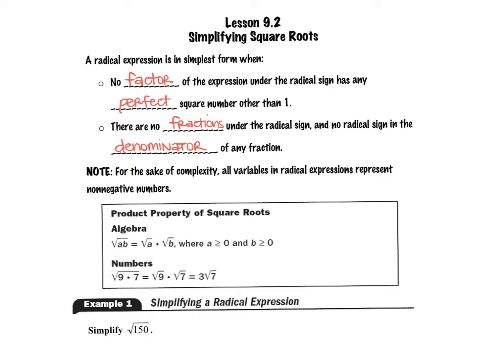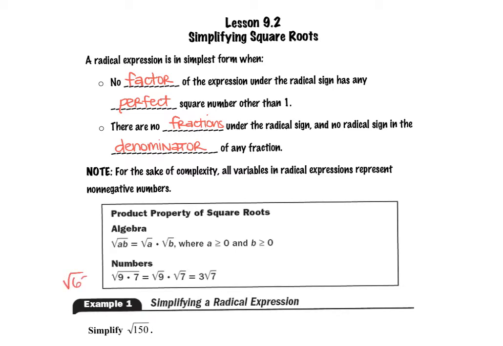All right, so then as you're looking at that box down below there, you see that this is the product property of square roots. And what it says is that if we have the square root of A times B, we can separate that into the square root of A times the square root of B. And so that helps us when we're simplifying, because 9 times 7 is obviously 63.